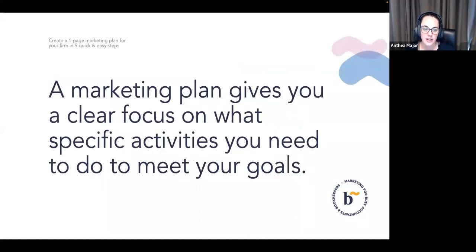It helps give you a very clear focus on what activities you need to do to meet those goals. So obviously you have to set goals to know where you're going, and then it'll help you work out the activities. Focus is really quite important in marketing. There'll be heaps of things that will come up during the year, well, in business in general, heaps of things that will come up in the month or even the week or the day. So lots of things are going to be jumping at you to try and take your focus.